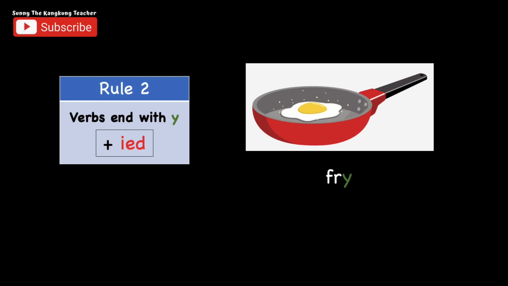What we need to do is to cancel the Y and add I-E-D. So the simple past tense form for fry is fried. F-R-I-E-D. Easy peasy. Let's move on to rule number 3.